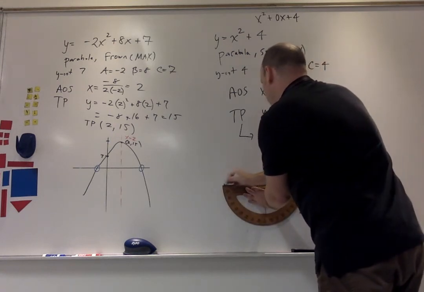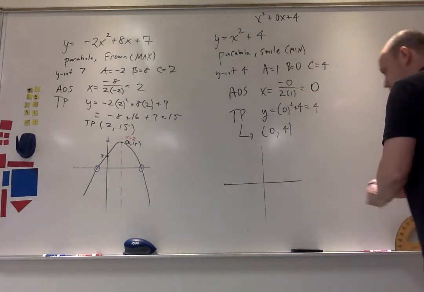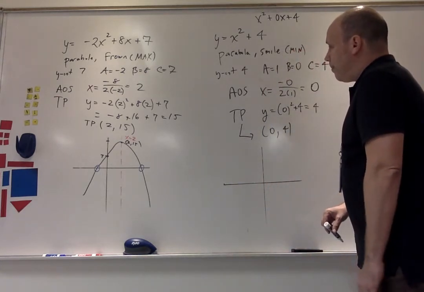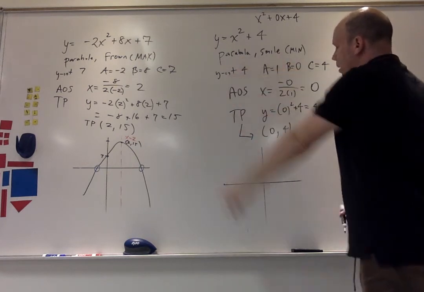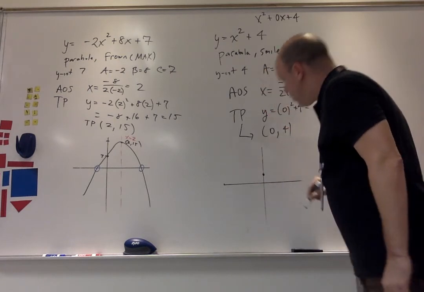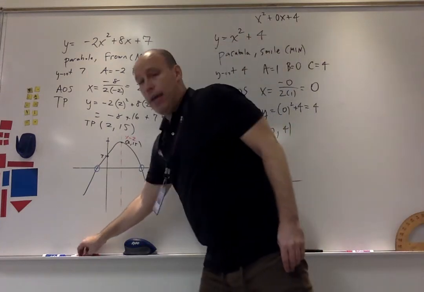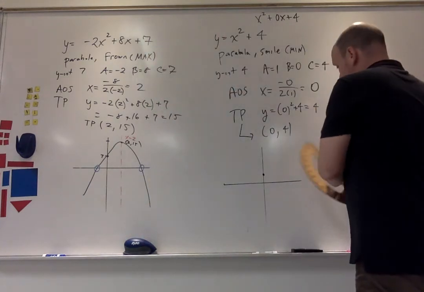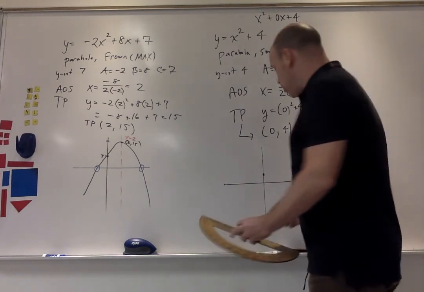Let's sketch our graph. First, I know I have a parabola. It's a smile. I'm going to plot y equals 4. I know my axis of symmetry is y equals 0. I apologize, my axis of symmetry is x equals 0.